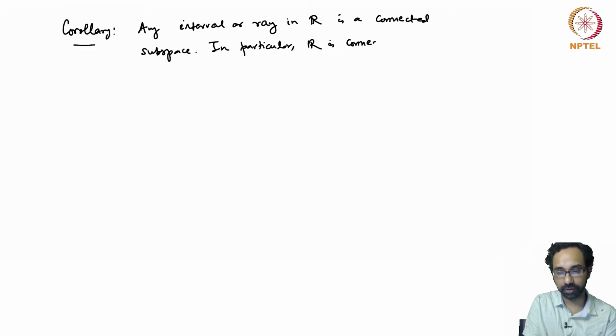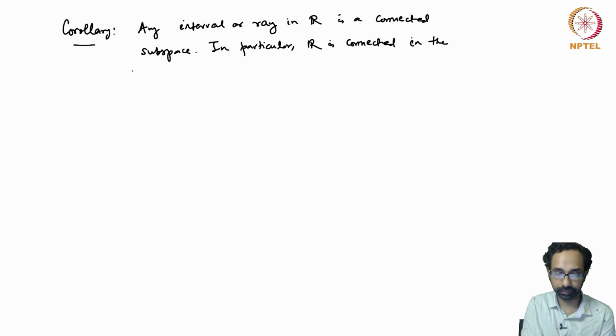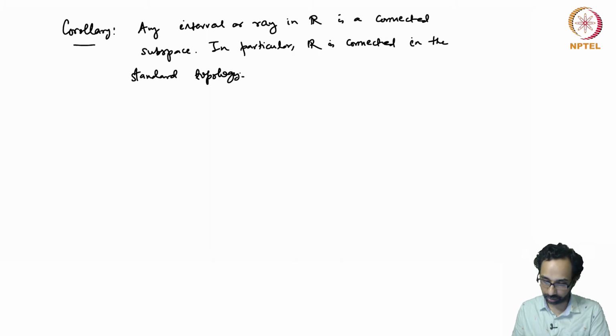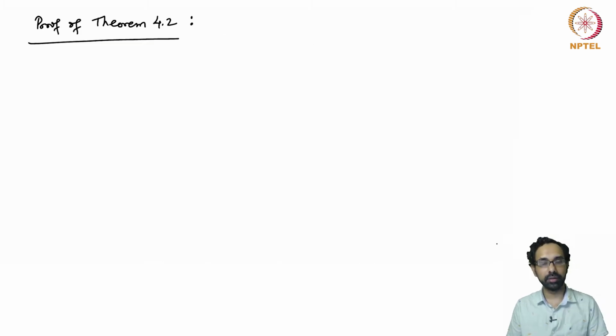Of course, we are taking the ordered topology, which is the same as the standard topology. So now let us go back to the statement of theorem 4.2, and we want to show that any convex subset of a linear continuum is a connected subspace. So let us see a proof of theorem 4.2, and we will again argue by contradiction.